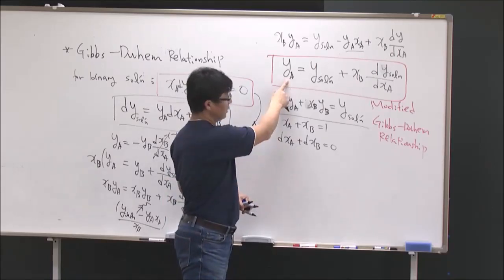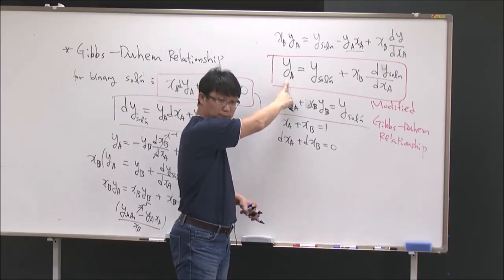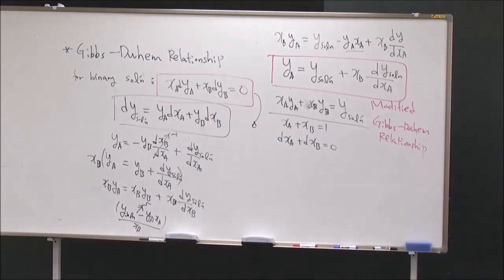I can get my partial thermodynamic property. That's what it means, and that's graphically the same as this relationship here.